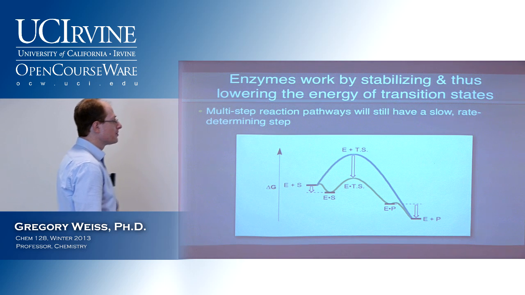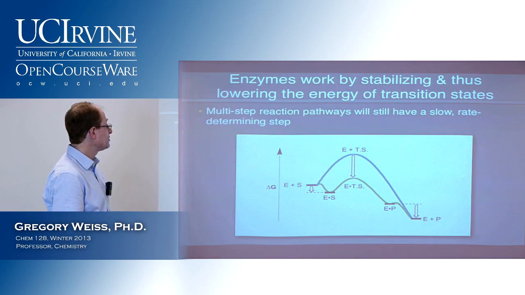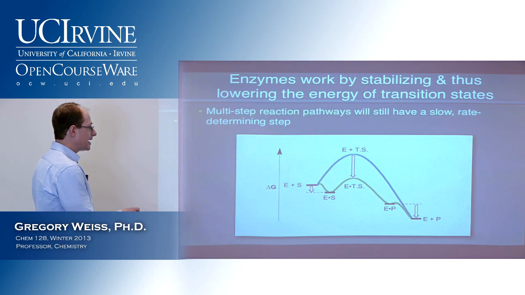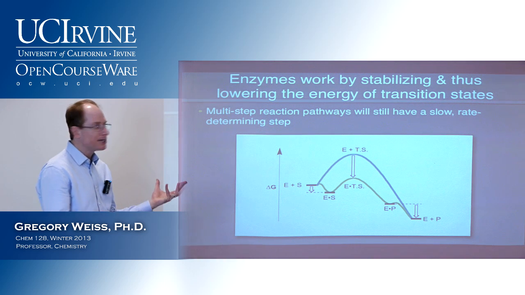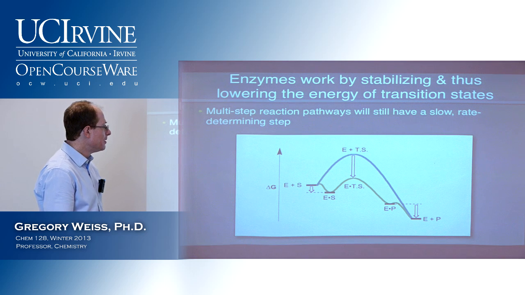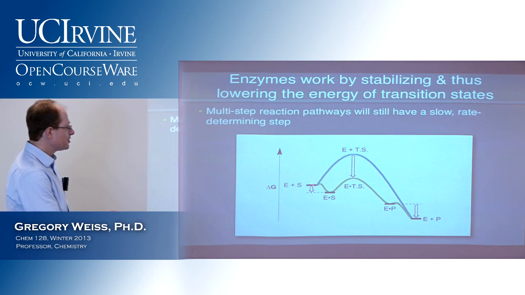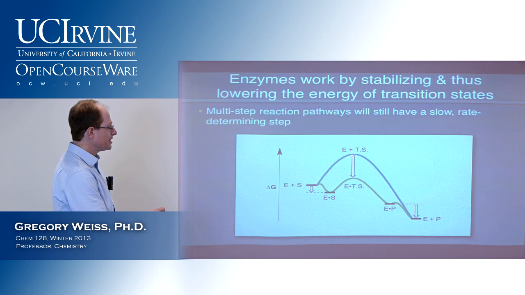So in order, let's talk about the uncatalyzed reaction first. Uncatalyzed reaction in blue: substrate starts off over here, gets converted to product. That takes a lot of energy. The enzyme in this case is uninvolved. That's why it has a plus sign. It's kind of hanging around as a spectator. If that happens, there's this activation energy here, the difference in energy between the transition state and the starting material, that is very high.